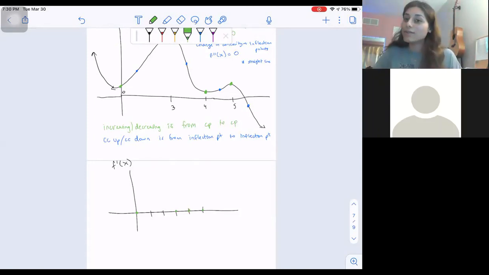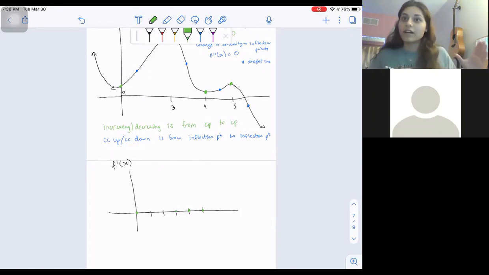Those are the 4 points at which our graph is going to cross the x-axis, because those are the 4 critical points where the first derivative is equal to 0, the slope is equal to 0. In between those 4 points, we're going to fluctuate from positive to negative.